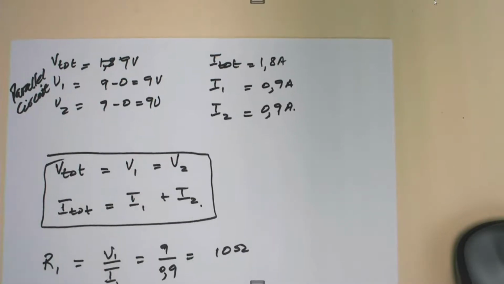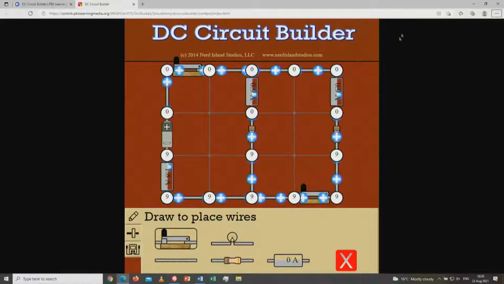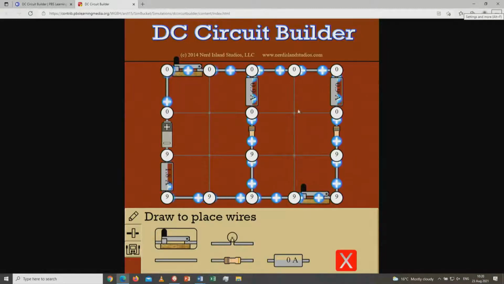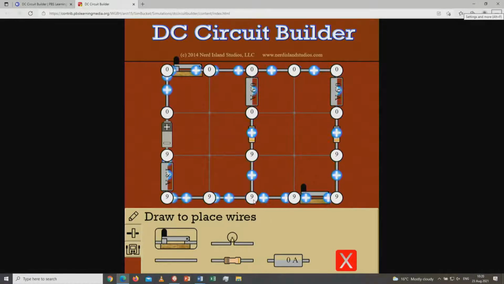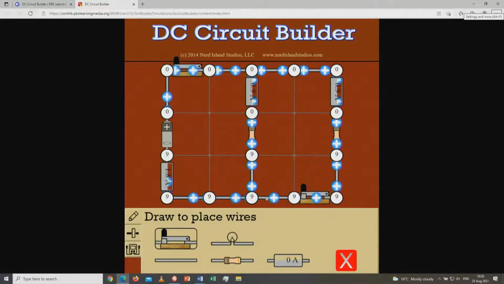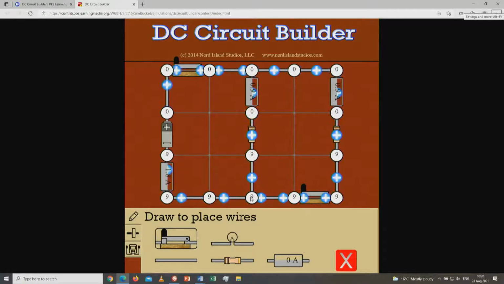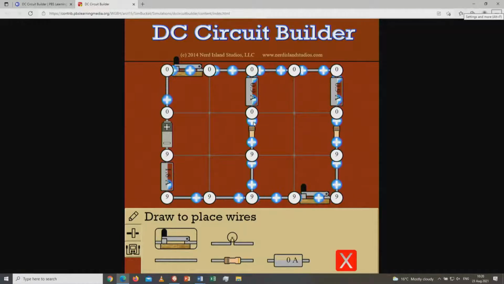In other words, what we are saying is that in a parallel circuit, the total current that goes through the battery, at that point where you have a junction where the current can go in different directions, the current divides: some current to one resistor, some current to the other resistor.